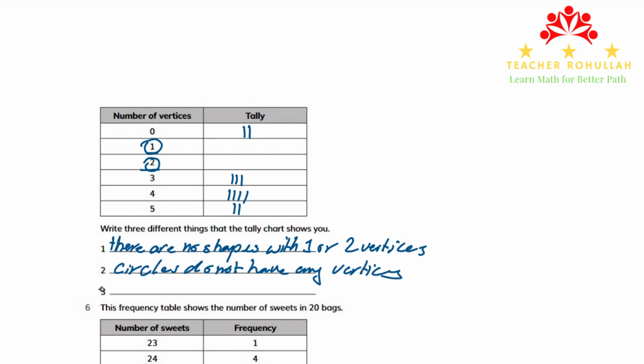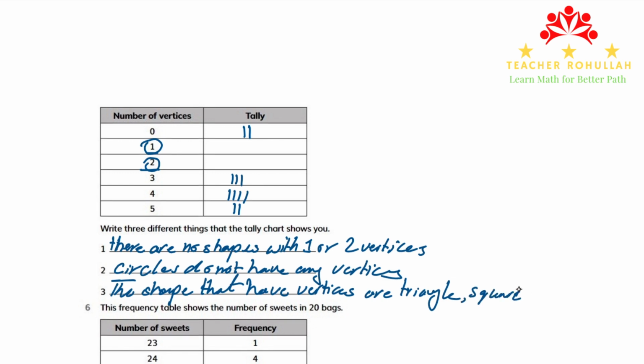And again, we can say the shapes that have vertices are triangle, square, and pentagon.